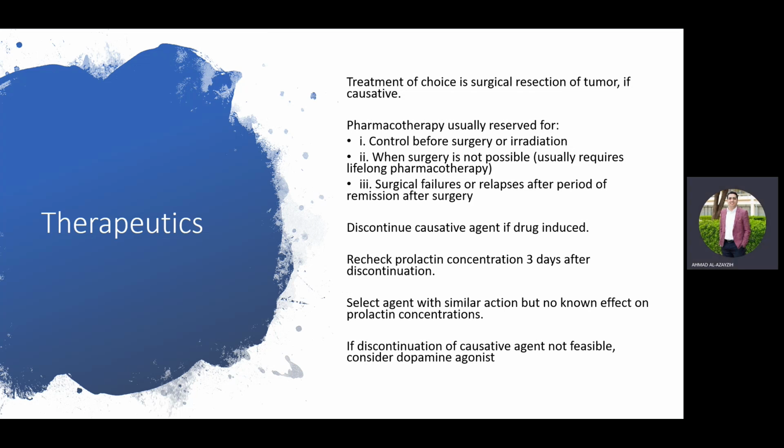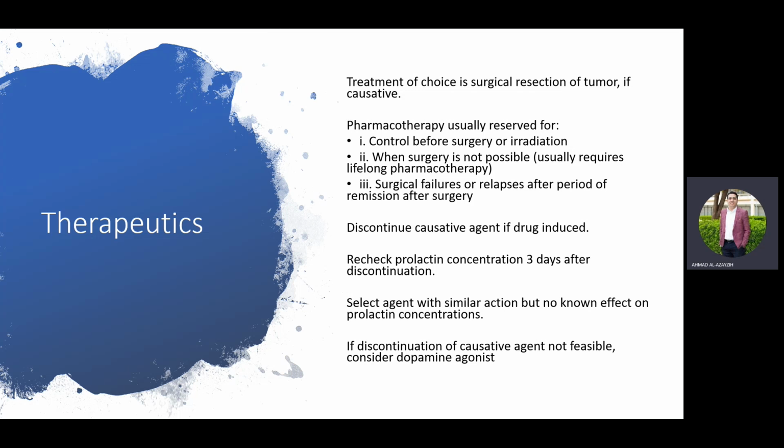Select an agent with a similar mechanism of action, but with no known effect on prolactin level. So you have to look for another type, maybe from the same family or other classes of medication, like, for example, with antipsychotic medication. We look for drugs that are not known to cause hyperprolactinemia.